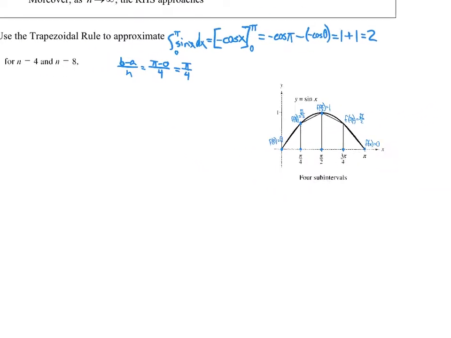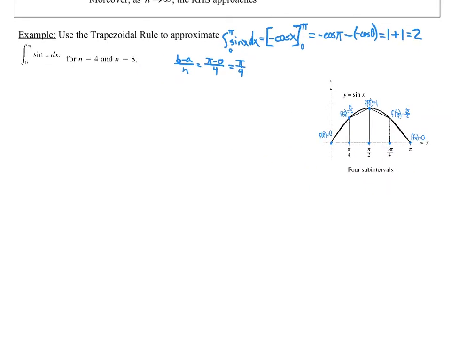So if I've got 4 subintervals, then I'm going to approximate this area by taking b minus a over 2n, so it's going to be pi over 8 times f of 0, which is 0, plus 2 times f of pi over 4, so 2 times root 2 over 2, plus 2 times f of pi over 2, which we said was 1, plus 2 times f of 3 pi over 4, which is root 2 over 2, plus just 1 of the other end.